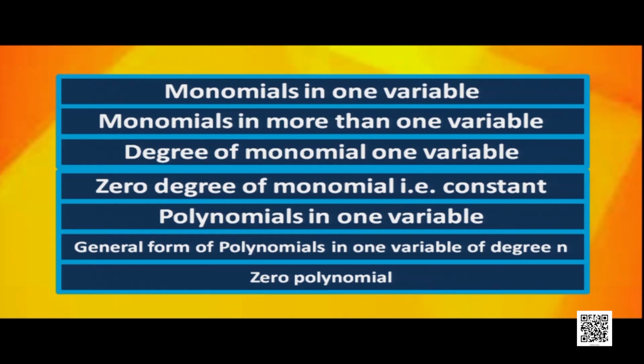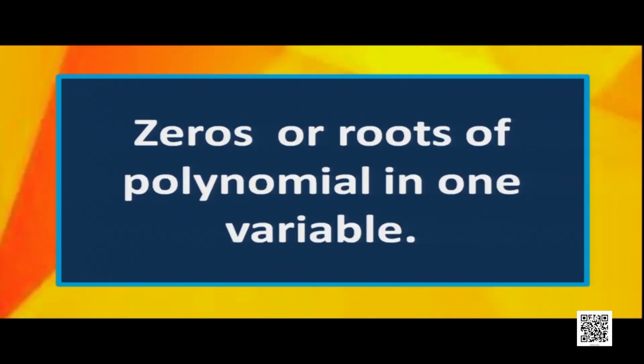The general form of a polynomial in one variable of degree n is a0 plus a1 x plus a2 x square up to an x to the power n, where an is not 0, and the zero polynomial. In the next class, we will study zeros or roots of a polynomial in one variable.